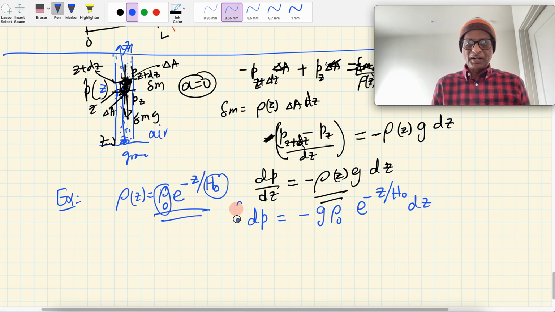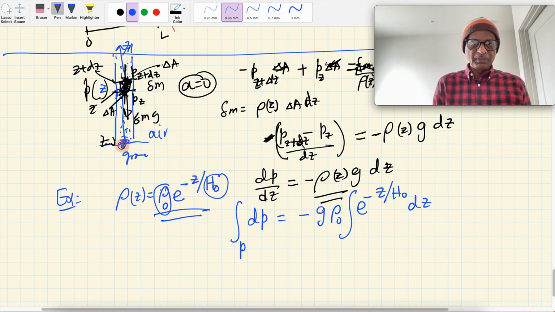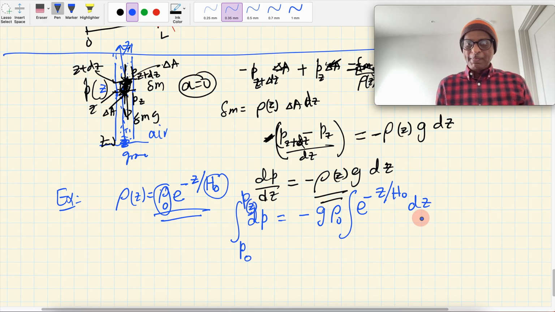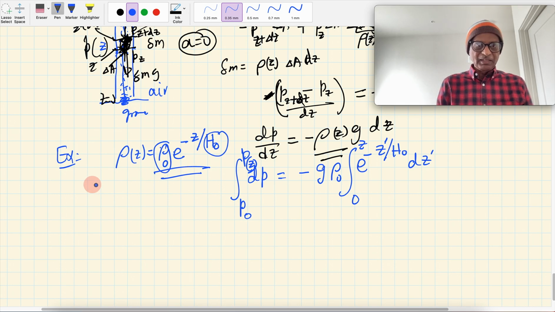So now I have to integrate this. This is a constant, so integrate p at ground level, p0, and p at height z. And z goes from 0 to z, and z prime is just a dummy index now. So we just have to integrate this, and in this model you can tell what the pressure looks like.